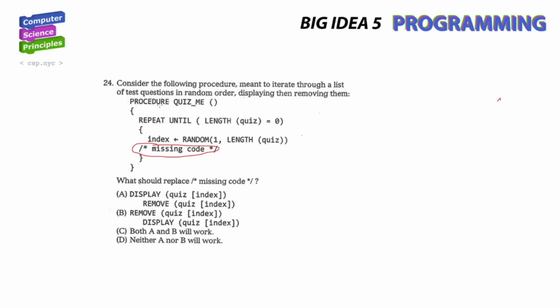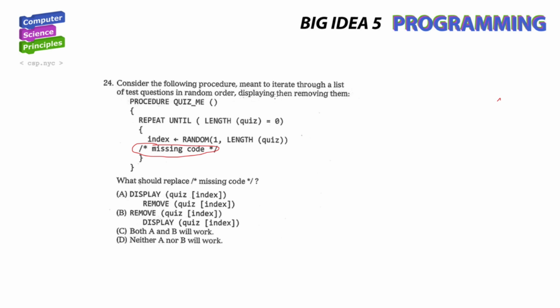Okay, so let's see. Procedure quiz me. It repeats until the length of the quiz is 0. It uses a random number between 1 and the length of the quiz to make an index. And so it finds a random number, and the number itself must be between 1 and the length of that list.